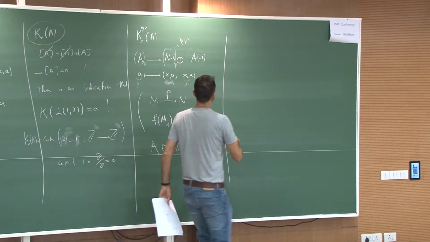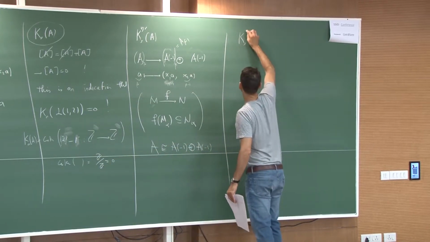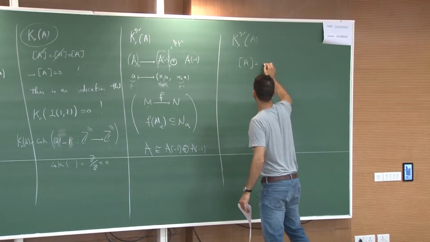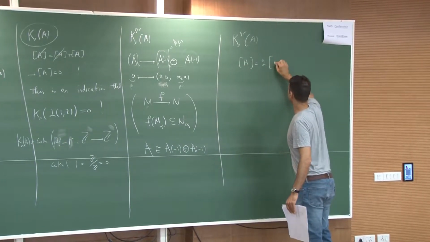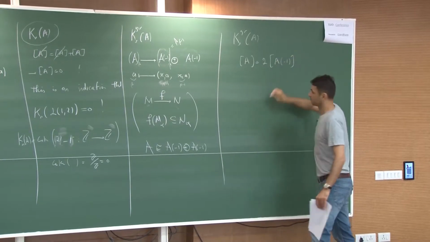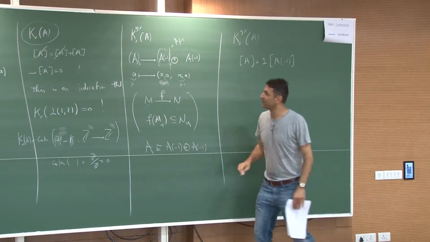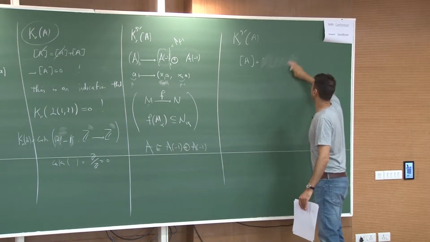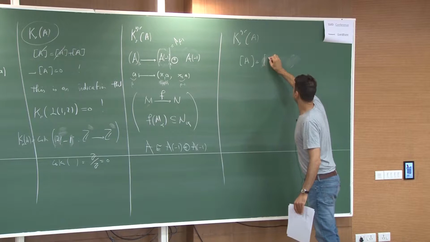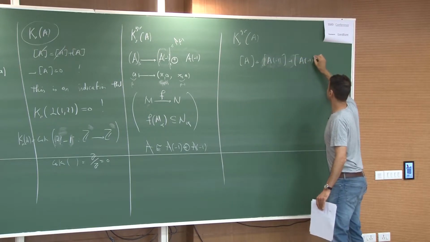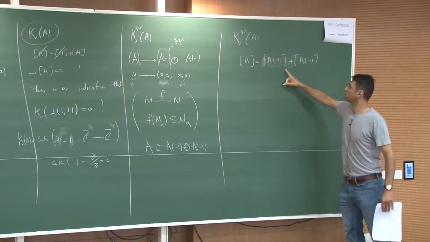So let's go to the graded ring, and graded Grothendieck group. So then A is isomorphic to 2 copies of A -1. So this is the difference. Previously, maybe I just write it. So A is 2 copies of this.